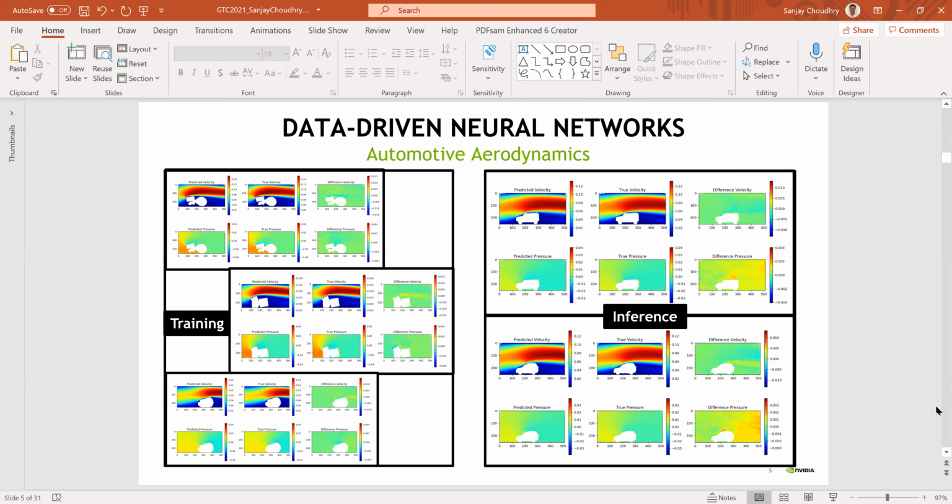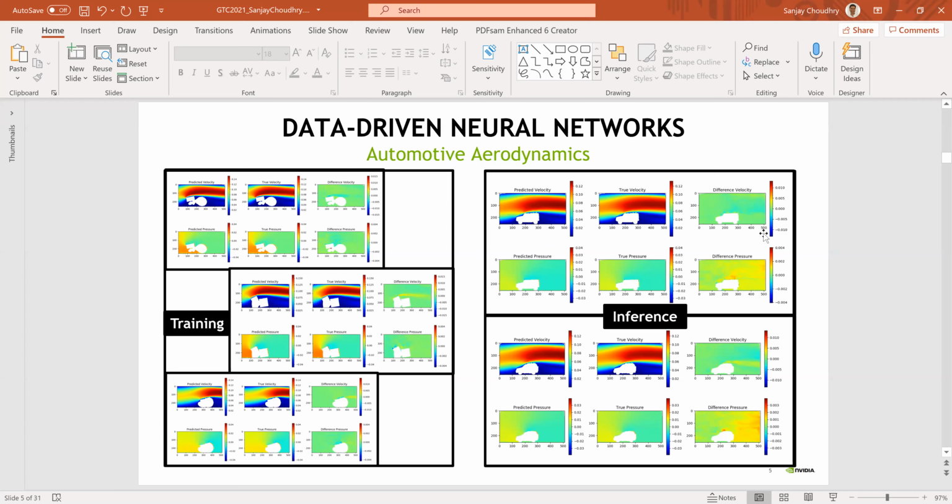And here, it's a very simple 2D automotive aerodynamics problem where we took several primitives, different shapes and their combinations, and we trained the flow on those primitives for the velocities and pressures and so on. And then we did the verification on some other shapes, both primitives as well as real car shapes.